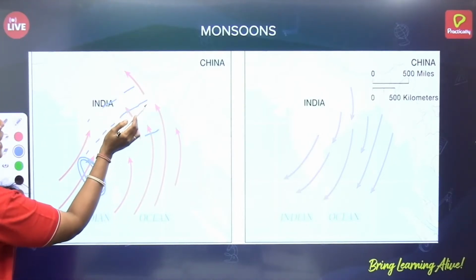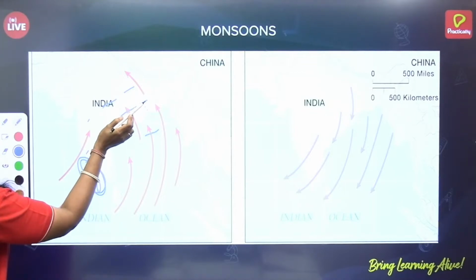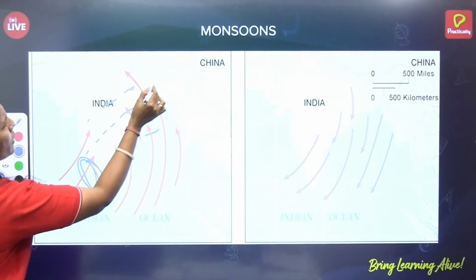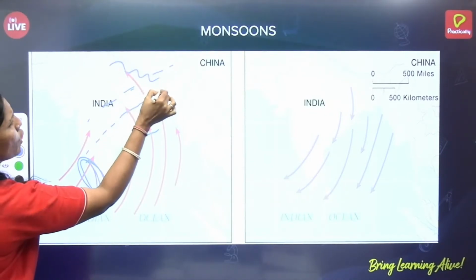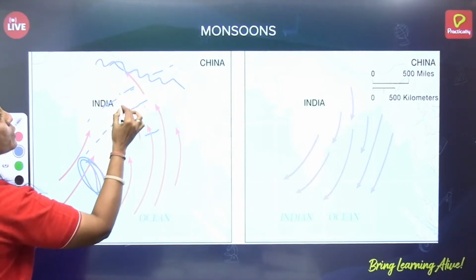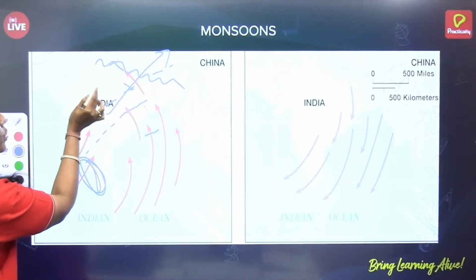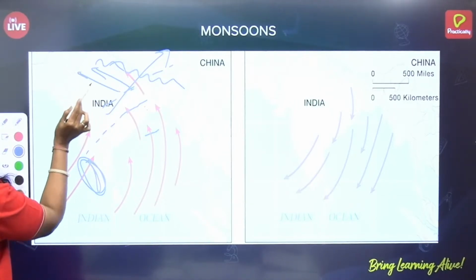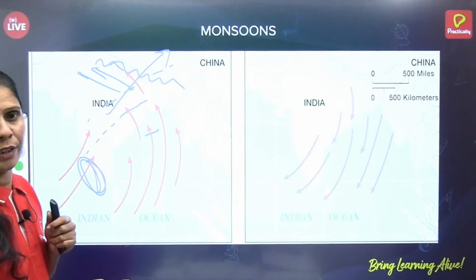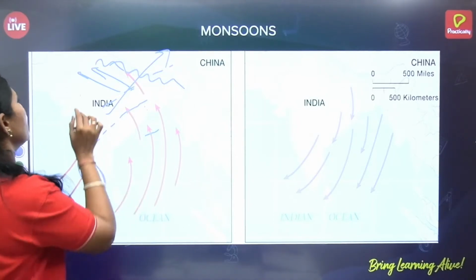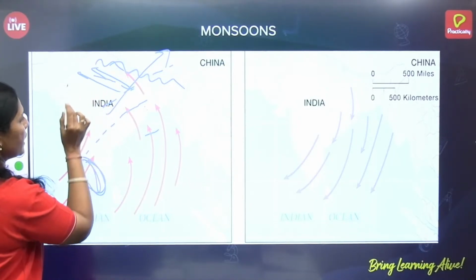And as they are coming to these places, due to the existence of the Himalayas, these winds were not deviated to Central Asia. They were deflected towards North India like this. Understood? Okay.